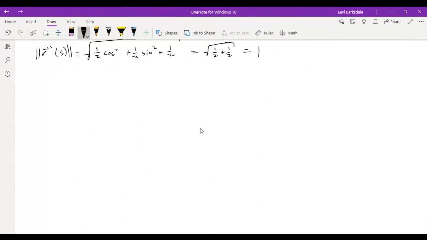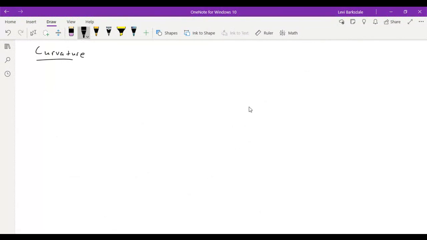The last thing we need to talk about today is curvature. And as the name suggests, curvature is basically a measure of how quickly a curve bends. Now there are several different formulas for curvature. We'll start with one for an arc length parameterization.